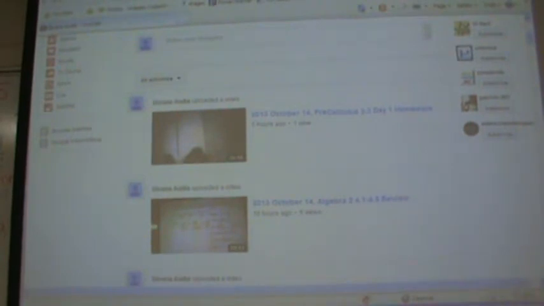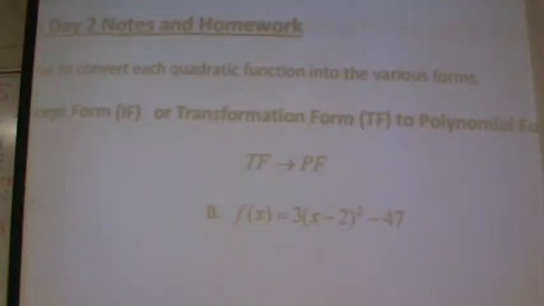And why you wanna be able to do that is because each form gives us something really nice, right? Each form has something that we need in order to graph completely the quadratic function, okay?